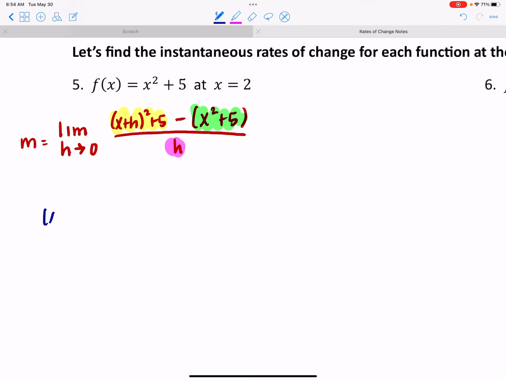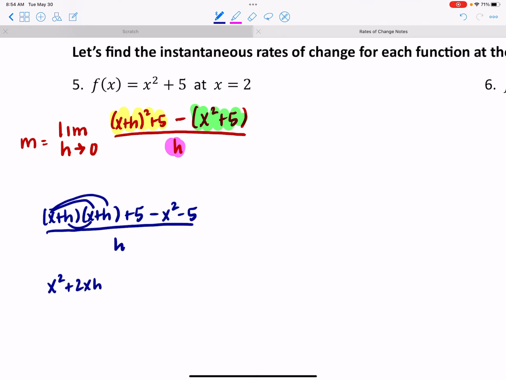So I need x plus h squared, which means that's got to be multiplied by itself, plus a 5 minus, distribute the negative here, x squared and a negative 5, and that's all going to be divided by h. So that's going to become an x squared, an xh here, another xh here, so two xh's, and then an h squared.